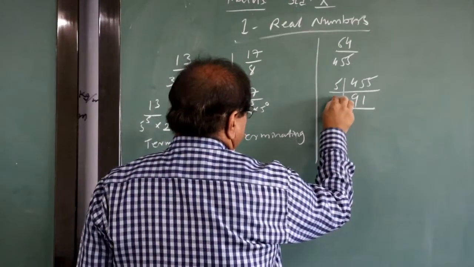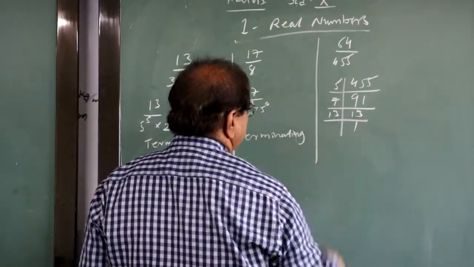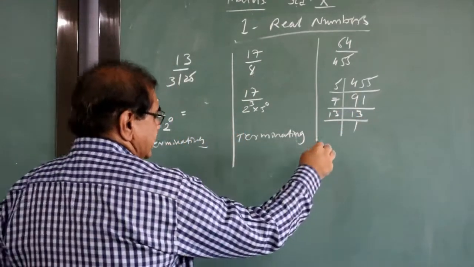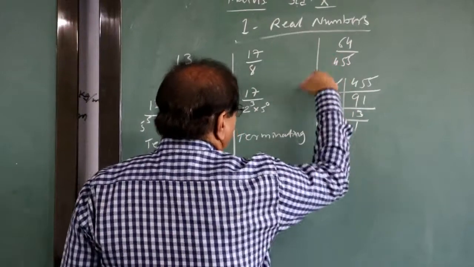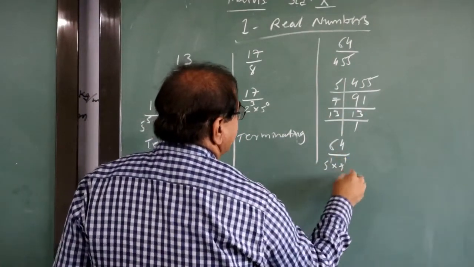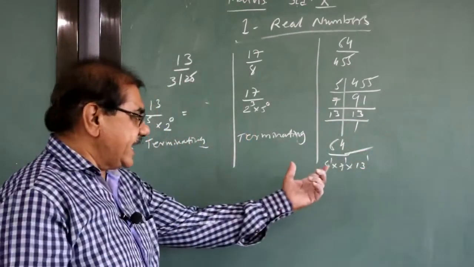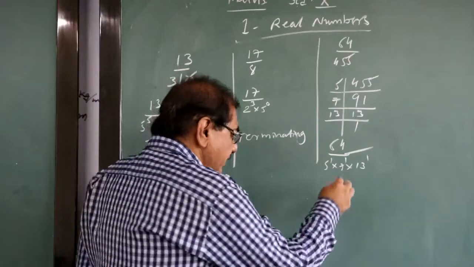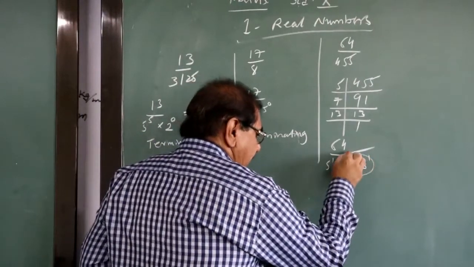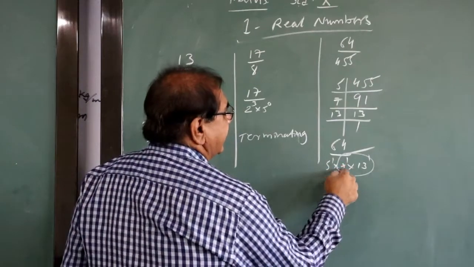And we know 7 13s are 91, 13 1s are 13. So here 64 upon 455 means 5 raised to 1 into 7 raised to 1 into 13 raised to 1. Here you can check that the prime factorization of the denominator q contains, other than 2 and 5, 7 and 13.